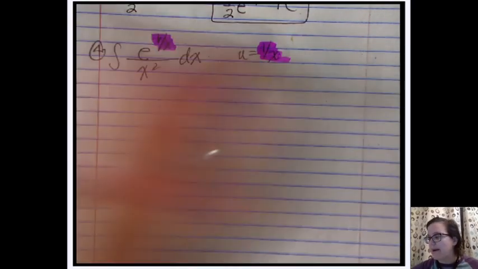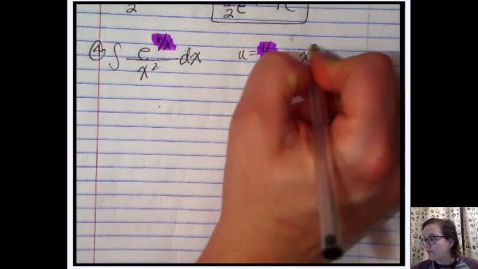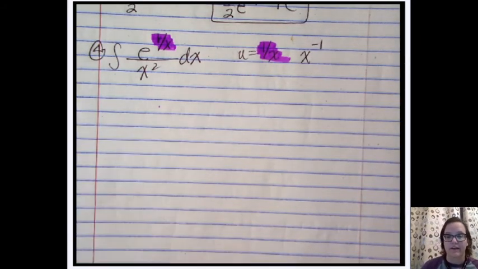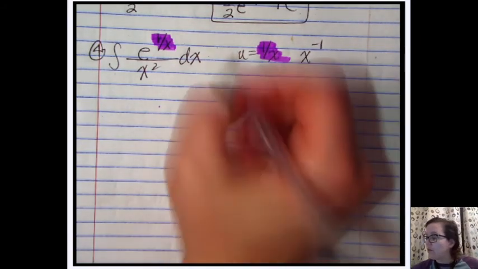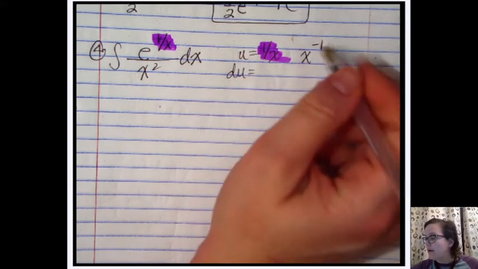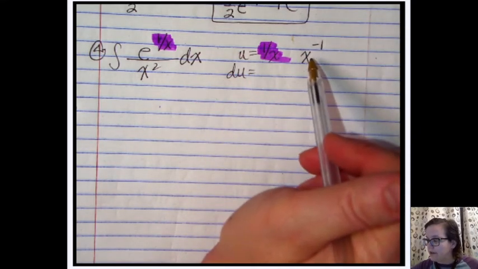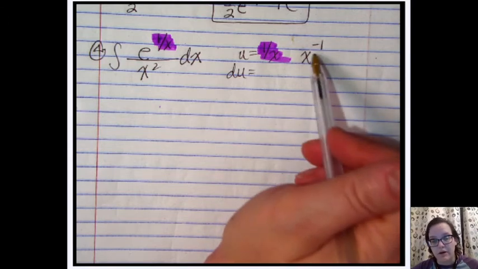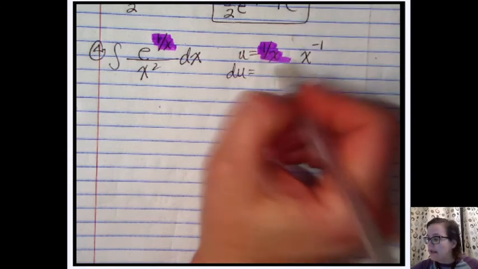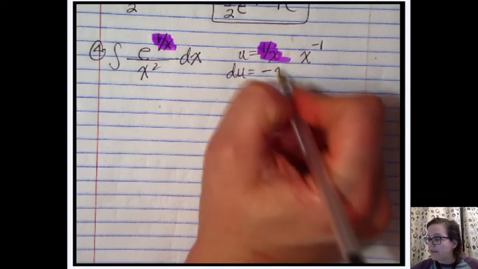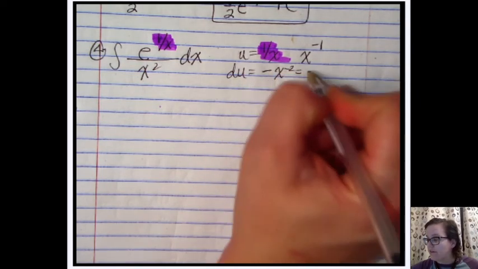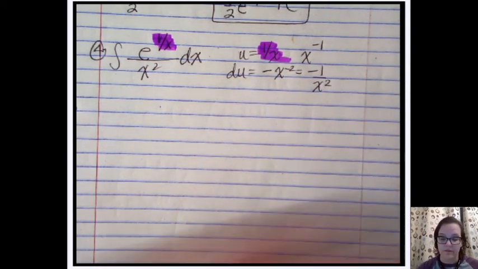And just as a reminder, that is negative 1 as a power, right? X to the negative first, that's the same thing. So when I take the derivative, I bring it down, and then I subtract a power. And so that would be negative x to the negative second, which is negative 1 over x squared.